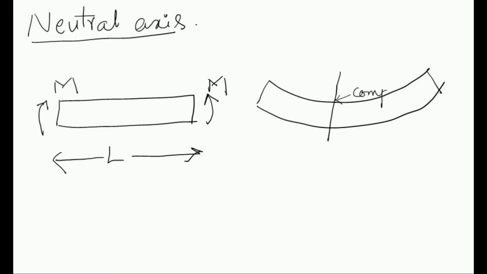Length of the bottommost layer is increased. So at any cross section, let's say this cross section, the topmost point is under compression and the bottom point is under tension.